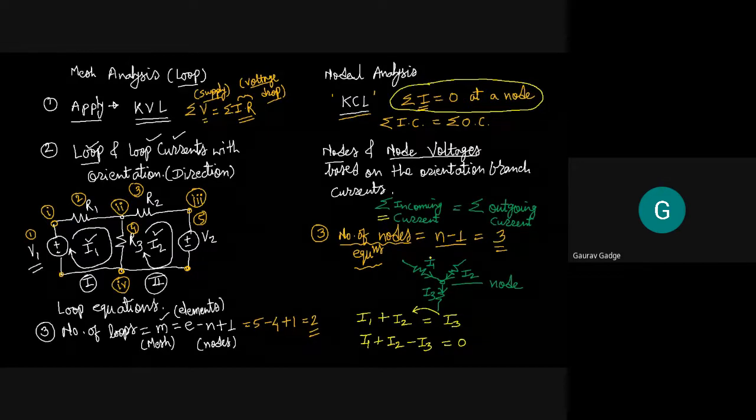Whatever the currents flowing towards the node, I will repeat that equation on the next slide. We wrote I1 plus I2, but the third current is written with a negative sign, and we are following the equation summation of current I equal to 0, right?